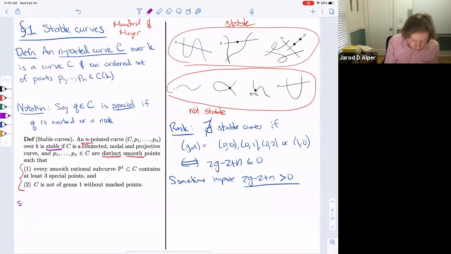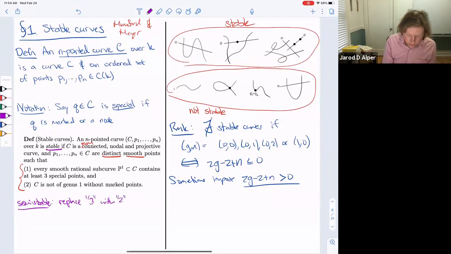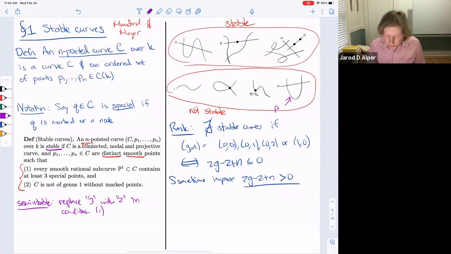So here I've defined stable. I can also define semi-stable, where I replace the number 3 with 2 in condition 1. So for instance, this example on the right-hand side is semi-stable.